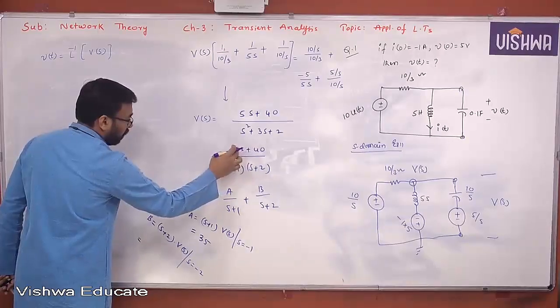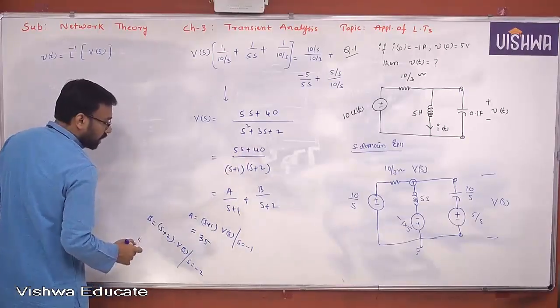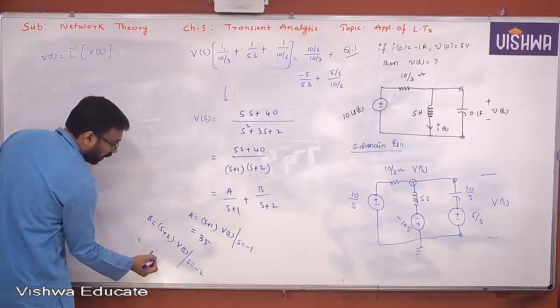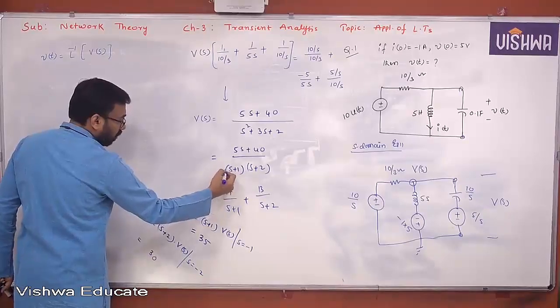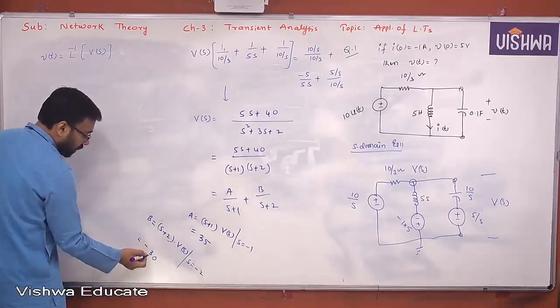That means 40 minus 10, that is nothing but 30. But already here, S is equal to minus 2 means minus 2 plus 1, the minus sign is there. So minus 30. That's it.